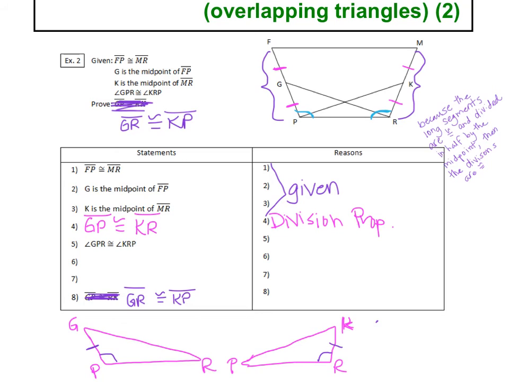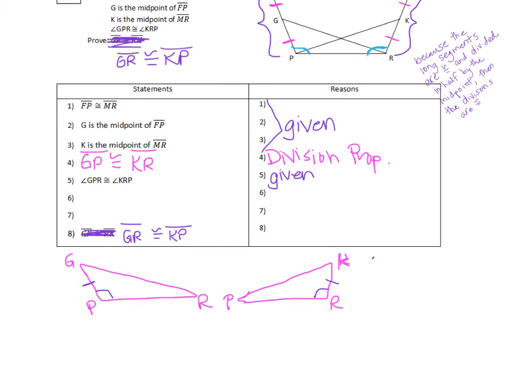Alright, so next we have that these two angles are congruent, and that came from the given information up there, so that's just given to us. Don't you love all the given information we have? Alright, so at this point, if you look at our triangles down here, we have a pair of sides that are congruent, and a pair of angles that are congruent.